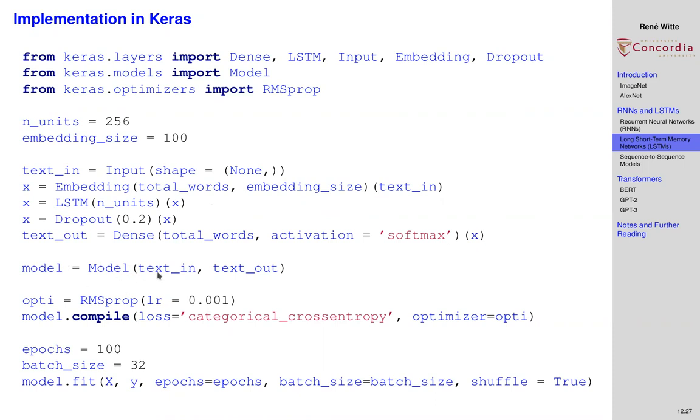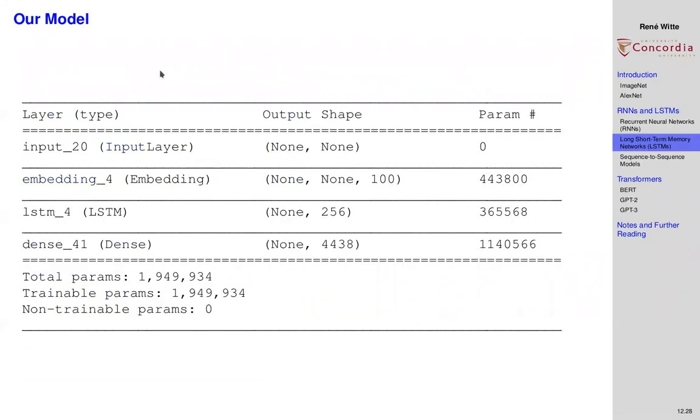So then we are building our model using this network with the input text, the output text, and picking an optimizer, and we can build the network. We let it train for 100 epochs, batch size of 32. First let's look at the resulting network architecture. We have the input layer, the embedding layer, LSTM layer, and the dense layer.